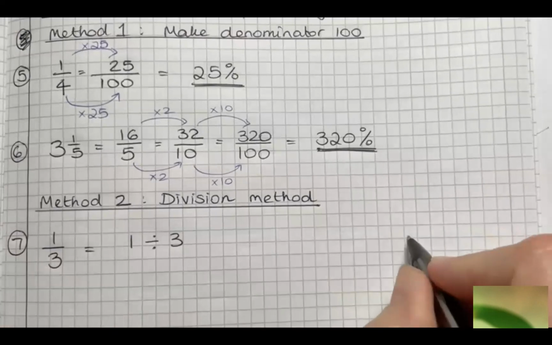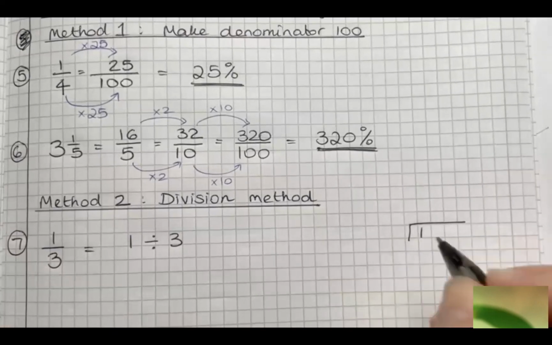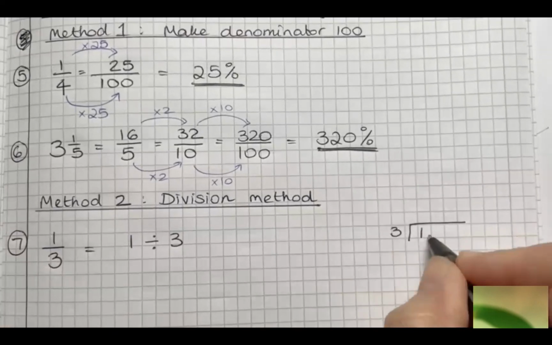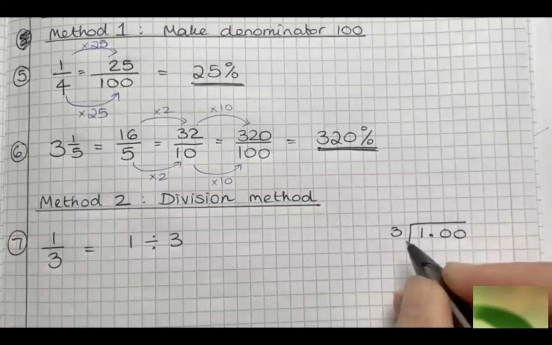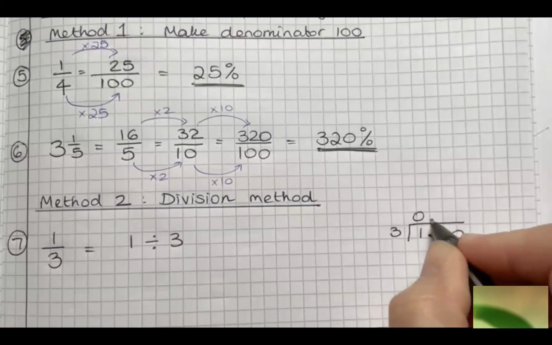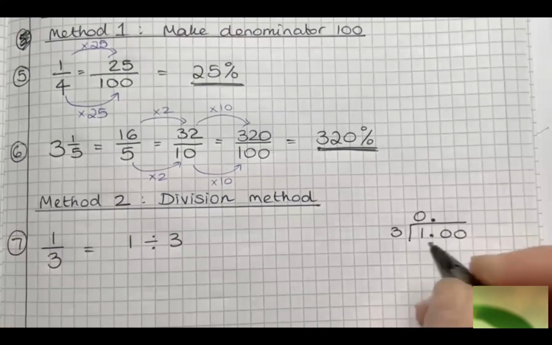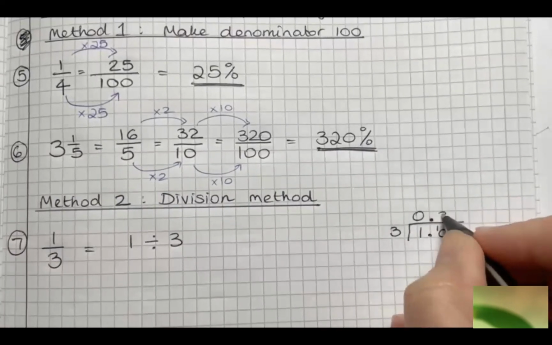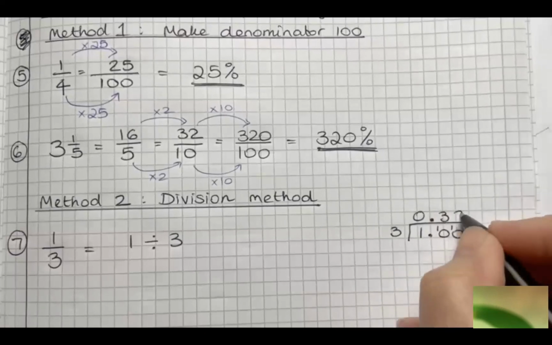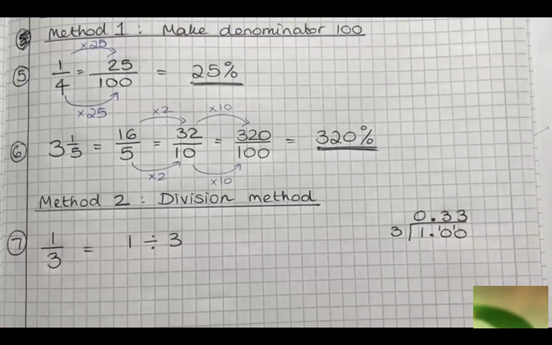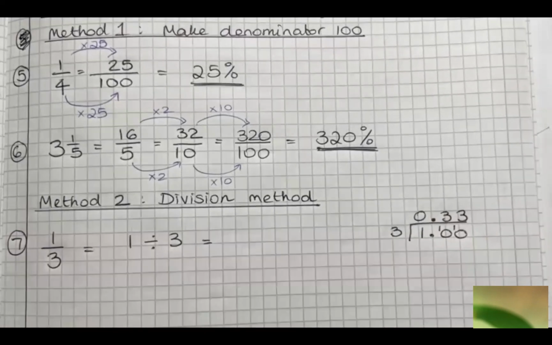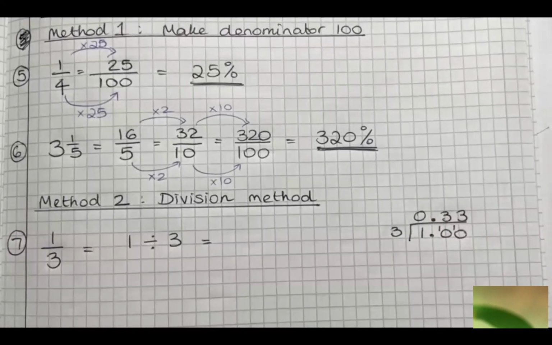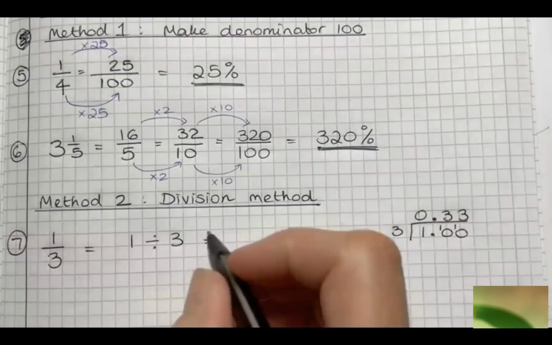Let's do that over here. So I've got the number 1, and I want to divide it by 3. 3 doesn't go into 1. I make sure I line up my decimal point. I'm going to carry that 1 here. 3 goes into 10, 3 times remainder 1, 3 times remainder 1, etc. Okay, so that gives me a decimal.